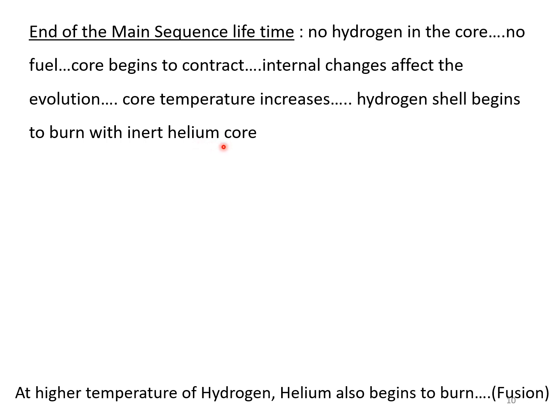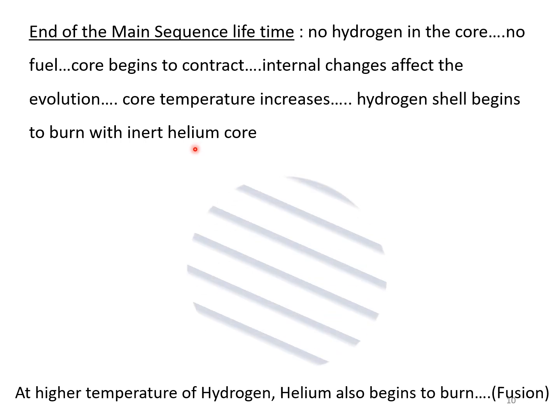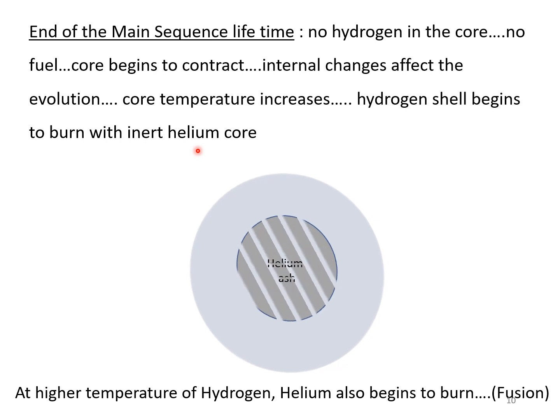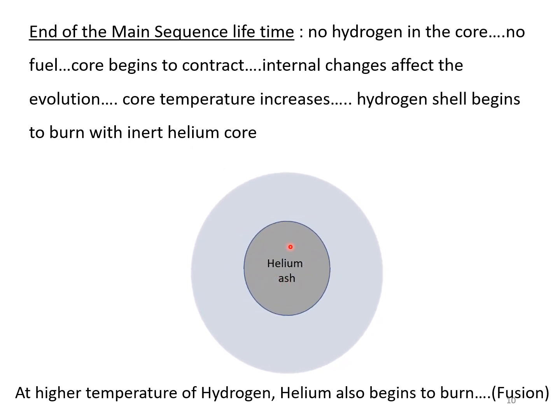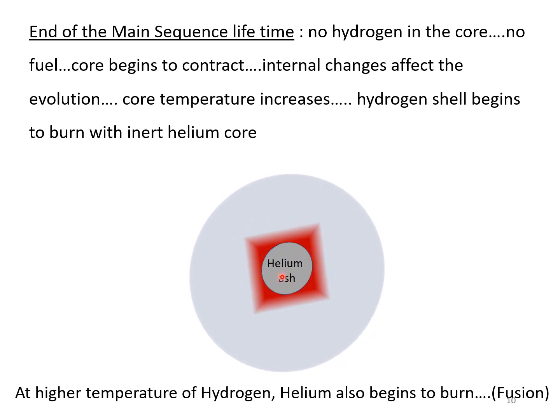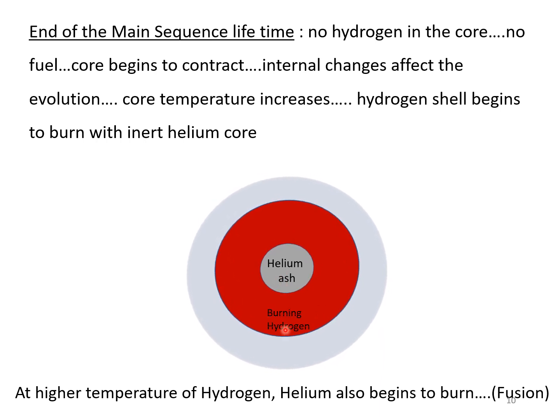This is important. At the center, in the beginning it was only hydrogen, whereas now it is helium. And in this particular case, we have helium ash here, and we have the burning hydrogen outside.